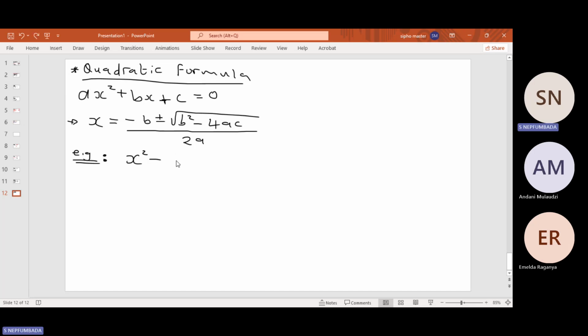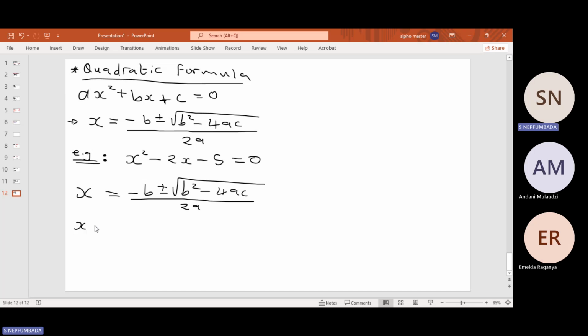So now let's say we have, as an example, x squared minus 2x minus 5 is equal to 0. So we're going to say x is equal to, we write the formula, minus b plus or minus the square root of b squared minus 4ac, divided by 2a.